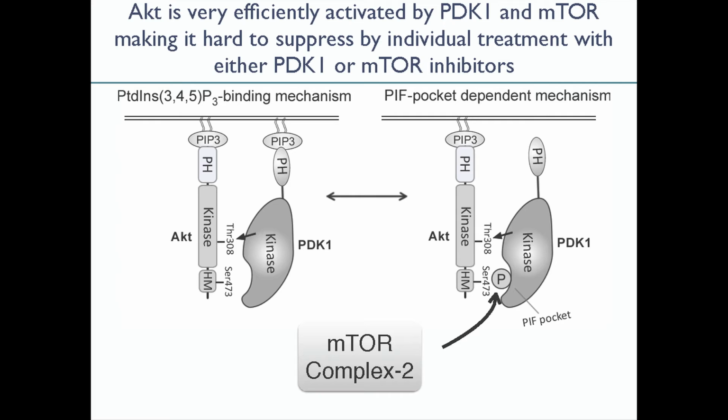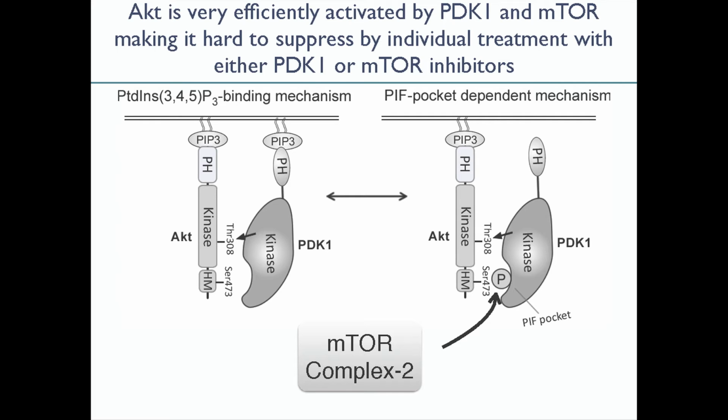Basically, what we've discovered is summarized in this slide: AKT is very efficiently activated by PDK1, and there are two mechanisms that drive the activation of AKT by PDK1. In the first mechanism, both kinases are recruited to the plasma membrane through their ability to bind PtdIns(3,4,5)P3, or PIP3, the lipid product generated by PI3 kinase activation.